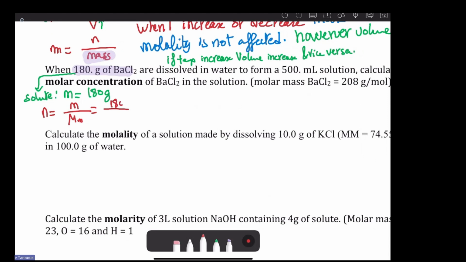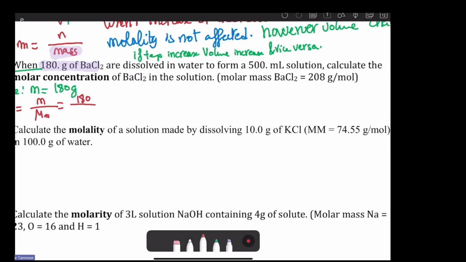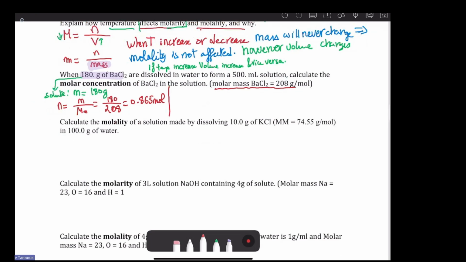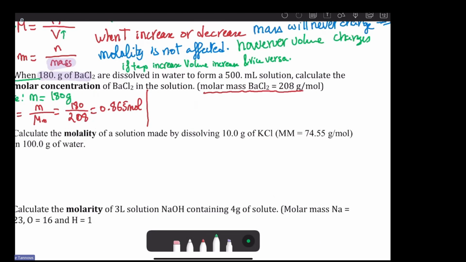So it's 180 gram divided by the molar mass. And that is 0.865 mole. That's for the solute. Let's continue. Dissolved in water to form 500 milliliter of solution. So the volume of the solution given to me is 500 milliliter.